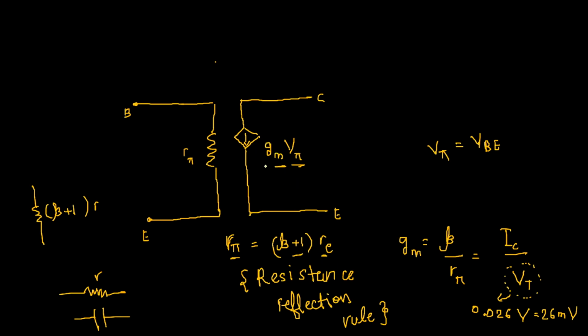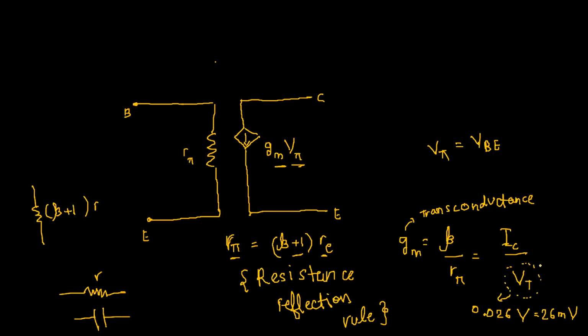So this Gm that we have here is a term called transconductance, and it's denoted by beta by r pi, and it's also denoted by IC divided by VT. IC is the collector current and VT is thermal voltage.